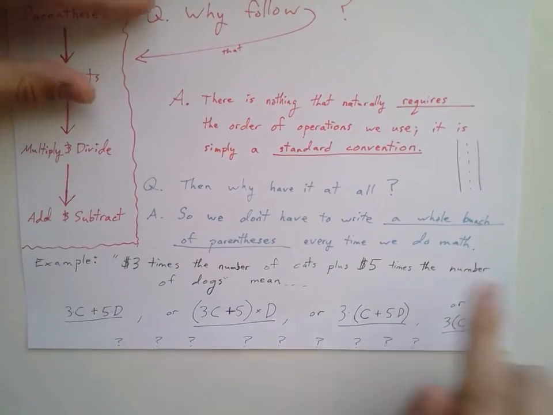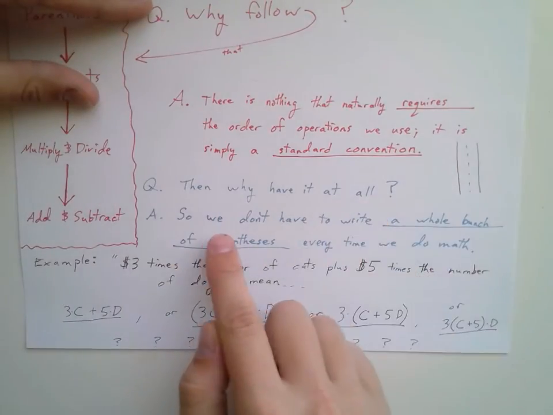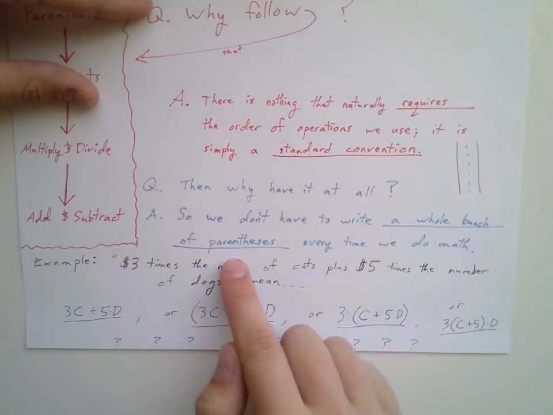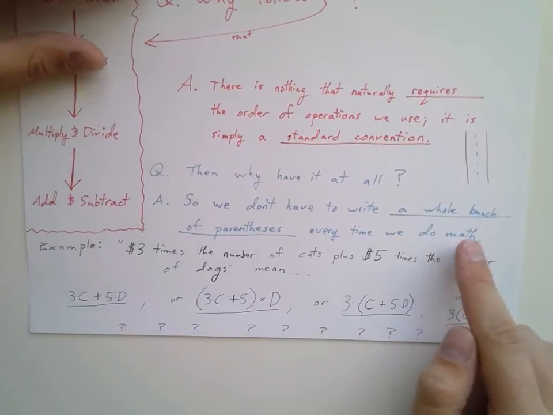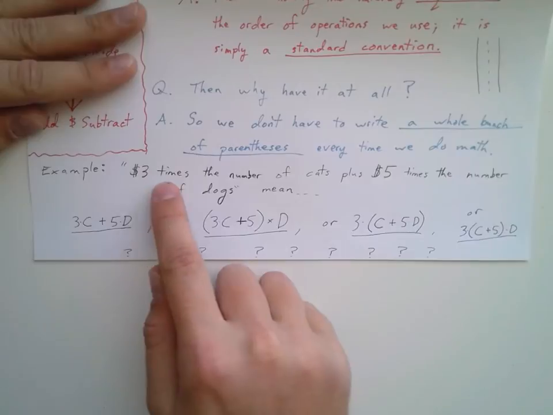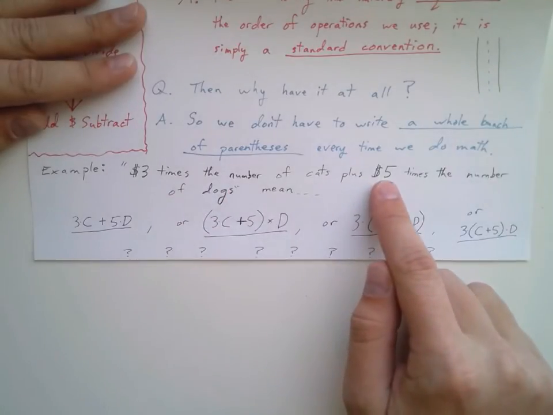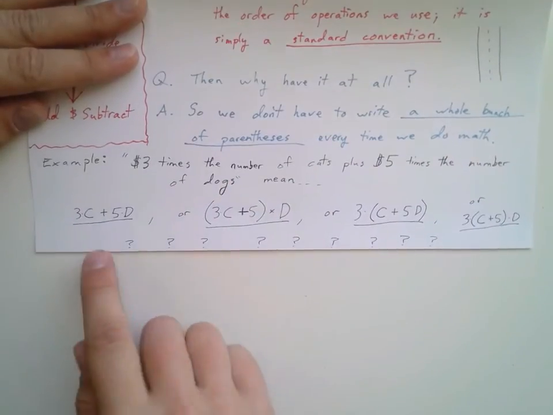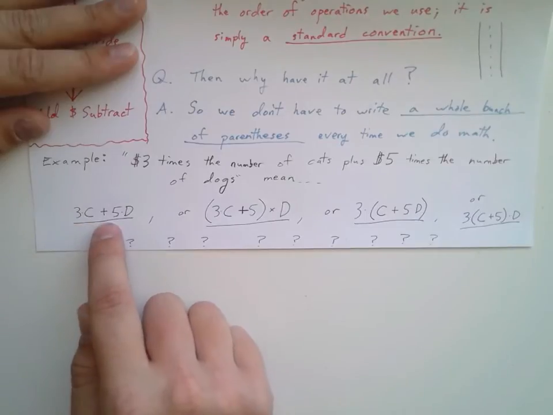But it's still important. So why have it at all? So we don't have to write a whole bunch of parentheses every time, okay? So think of this example. 3 times the number of cats plus 5 times the number of dogs. Is that 3 times C plus 5 times D?